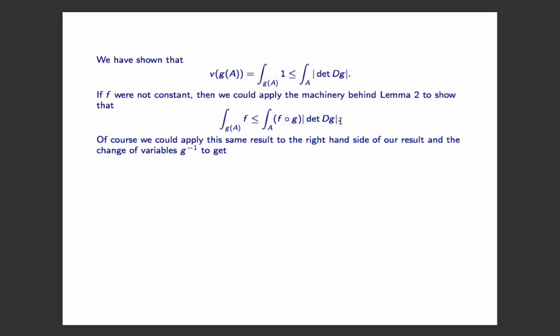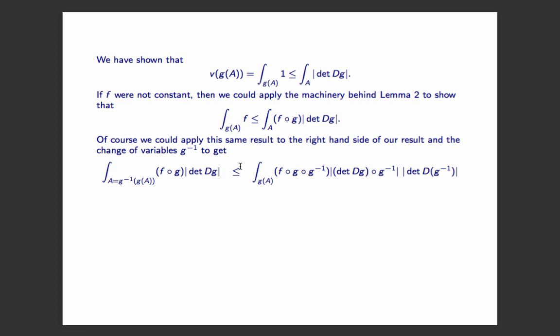and use the change of variables formula with g inverse. Right, A is g inverse of g of A. So then let's use this result here, where my integrand instead of f is all of this.